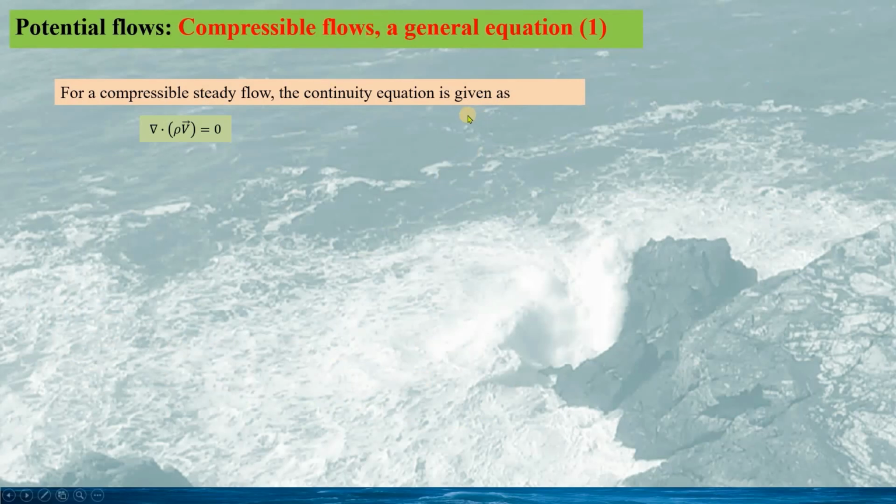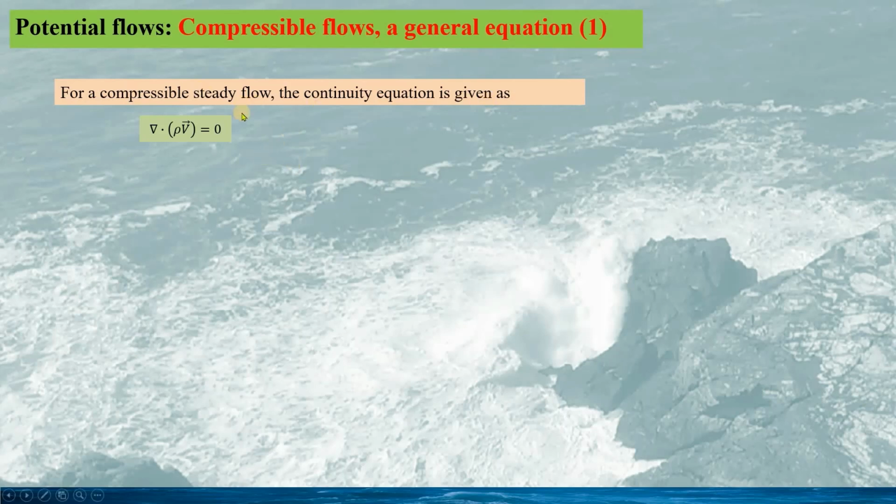In many cases, for potential flows, the fluid is assumed to be incompressible. However, potential flow theory is also valid for compressible flows. Here, we will examine the case.